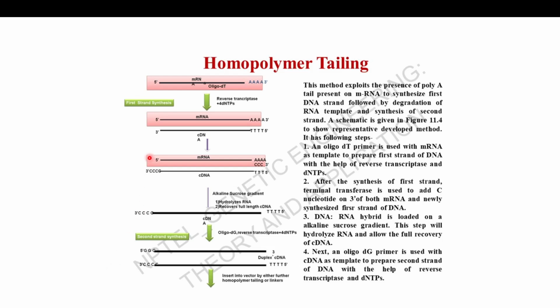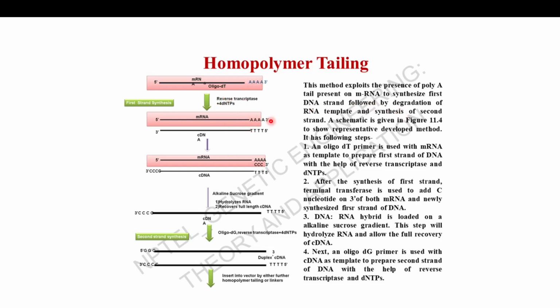There's another way called homopolymer tailing. This is also taken from the lecture video. In homopolymer tailing, this method exploits the presence of the poly-A tail, which we saw earlier as well on the mRNA, and then an oligo-dT primer is used to synthesize the first cDNA strand, and then the mRNA template is degraded.